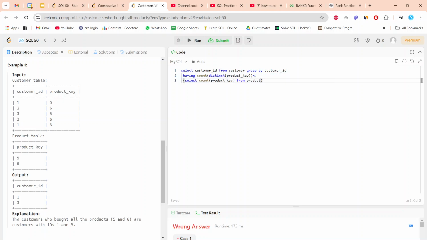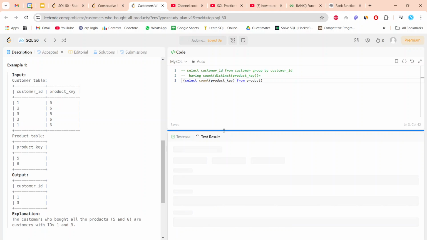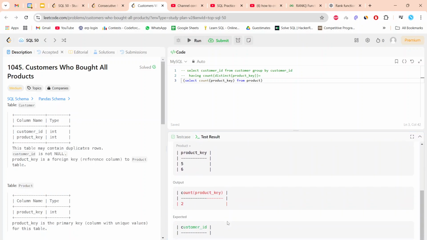Let us check this. I'll comment the other rows and I'll run this. Once I run this, I see the output is 2 because we have two unique products here.